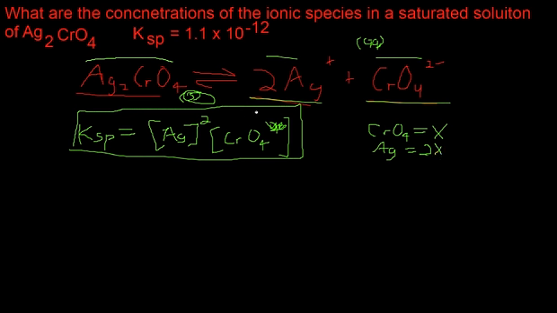So we're going to throw these into our formula. So KSP, which is 1.1 times 10 to the negative 12, equals, so Ag is 2x, so we have 2x squared, and then we have CrO4, which is x, which gives us 4x cubed.